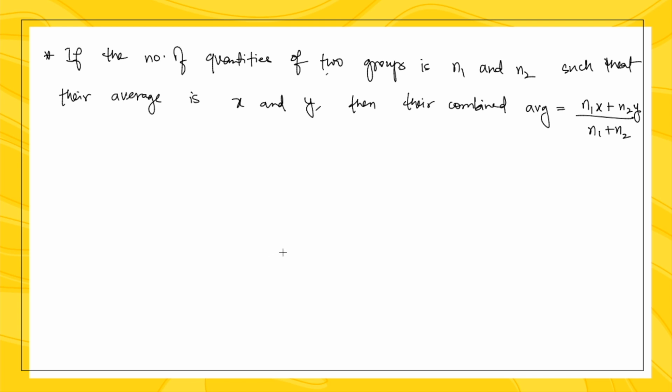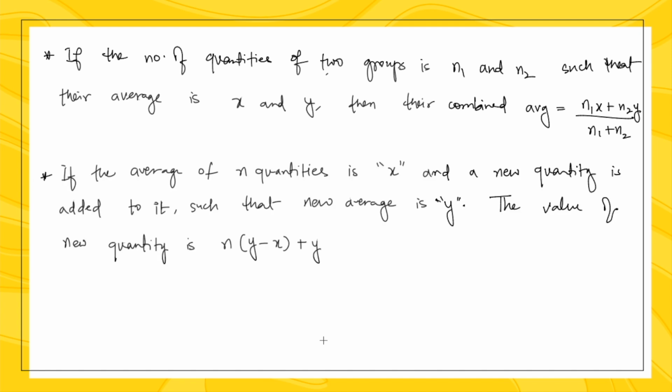Then, for example, if they give you a condition that there is an average of n quantities, and a particular quantity is added into that, how will you find the value of the new quantity? Now there is a very specific type of condition. These types of questions have not been asked yet, but the chances are quite high that they might be asked.